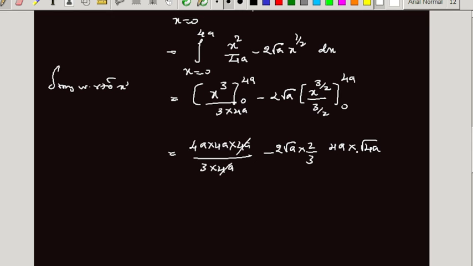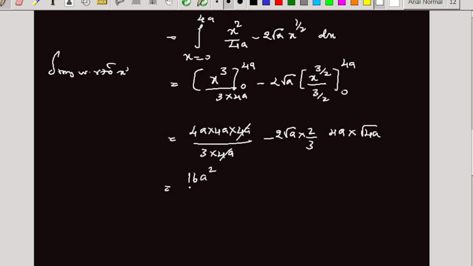This is nothing but x power 3 by 2. 16 times a square by 3 minus this one, we can write it as 4 fours are 16 by 3, a, square root of a into square root of a is a, and square root of 4 is 2.